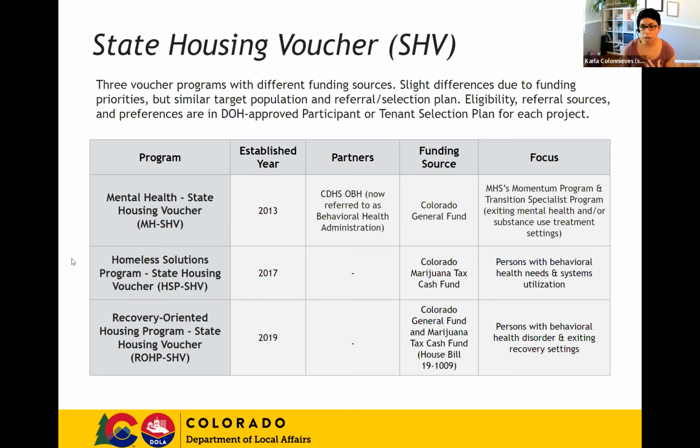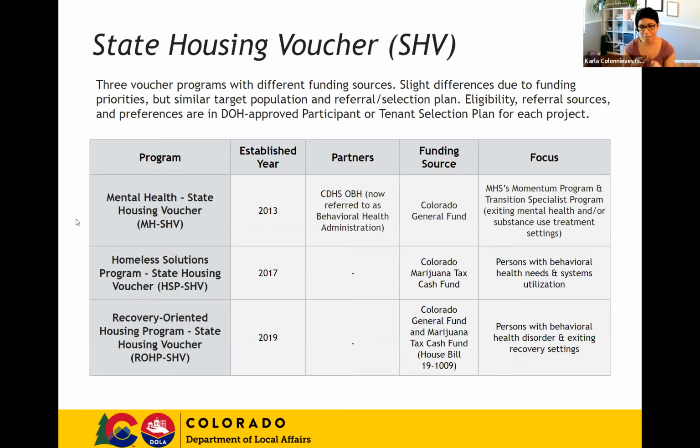So for example, the ROHP-SHV program that came to us through House Bill 19-1009 has a very similar target population to the larger SHV program, but the disabling condition needs to be a behavioral health condition, and they need to be exiting from certain facilities or settings such as county jails, mental health institutes, or recovery residences. So I won't walk through this entire table, but just so you know, when we talk about SHV, we might be referring to any one of these different programs.